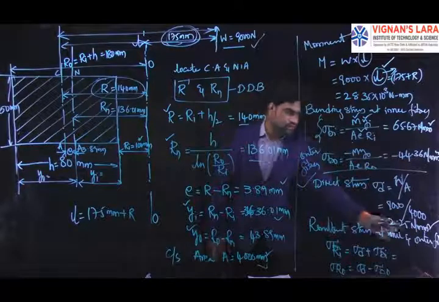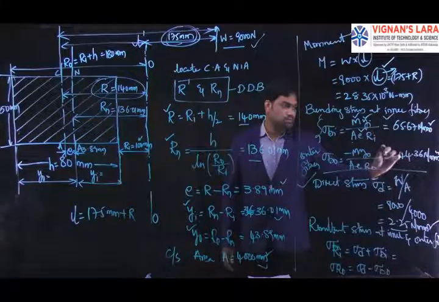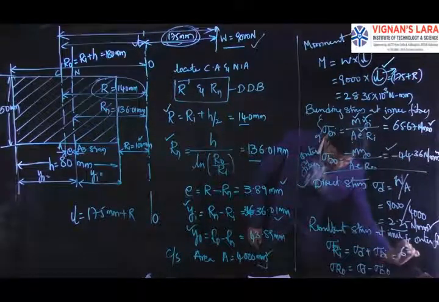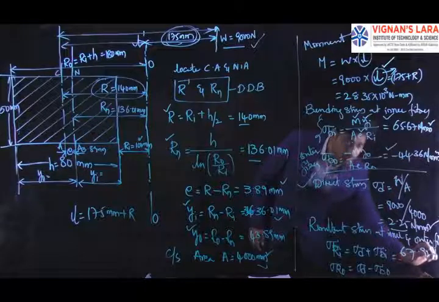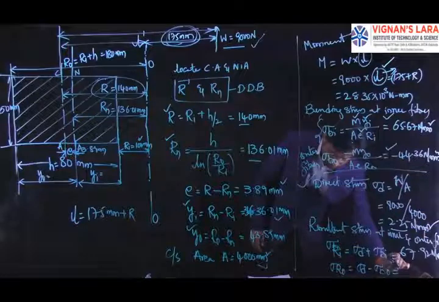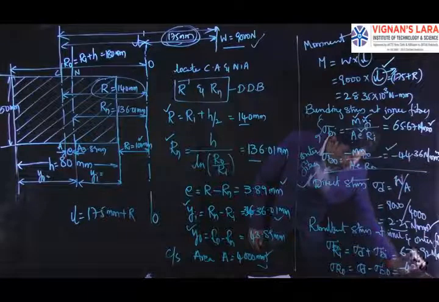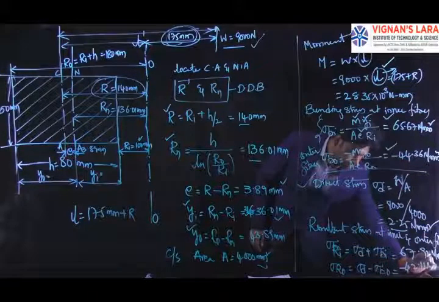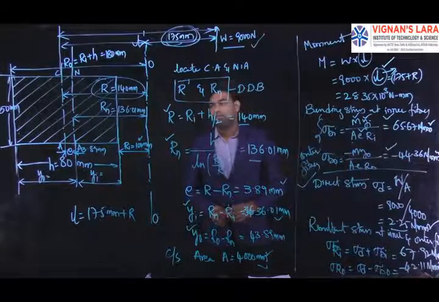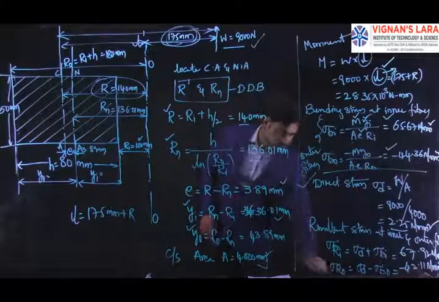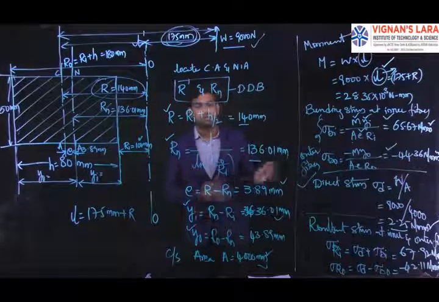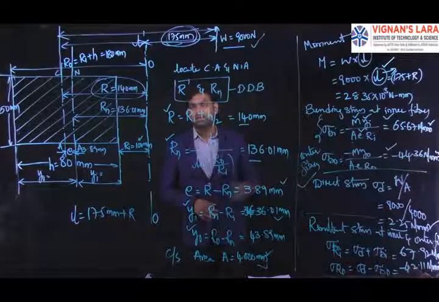Substituting the values, we get 67.92 Newton per mm square at the inner fiber and 42.11 Newton per mm square at the outer fiber. These are the maximum resultant stresses induced in the inner and outer fibers, the algebraic sum of bending stress and direct stress.